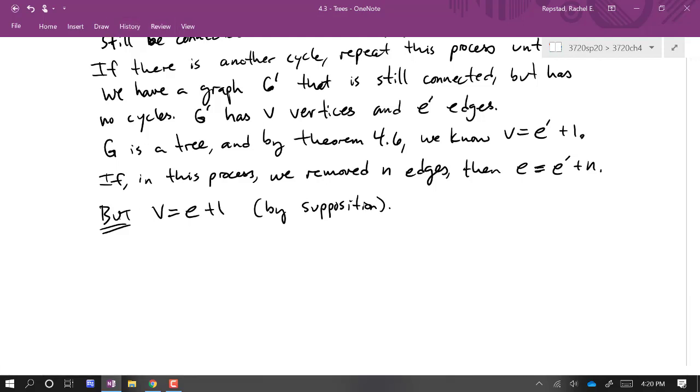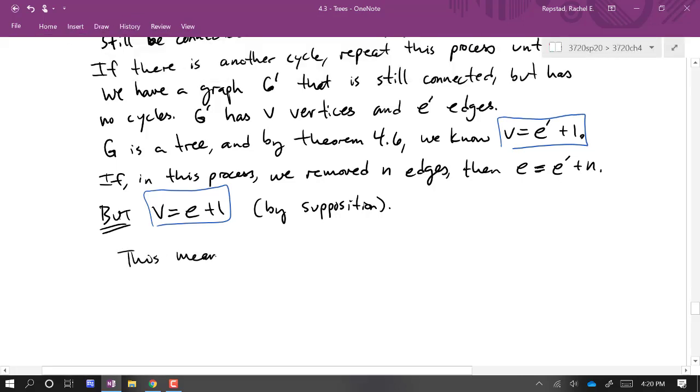So if V is equal to E plus 1, as we have here, and V is equal to E prime plus 1, this means that E has to equal E prime.